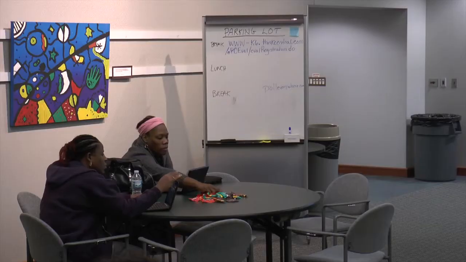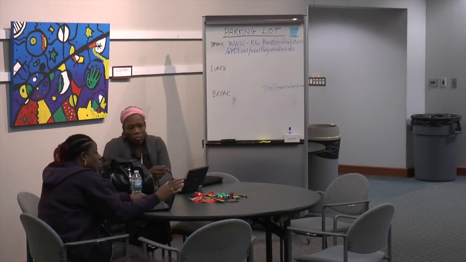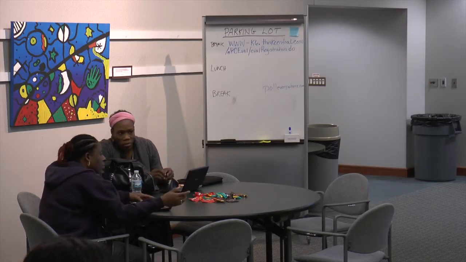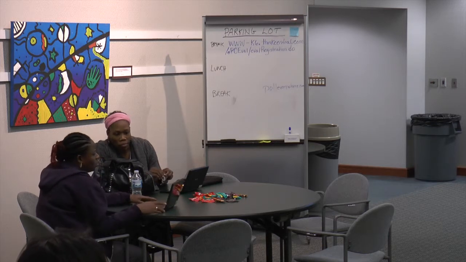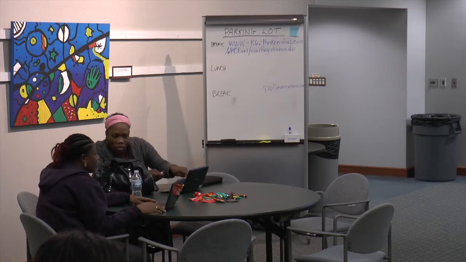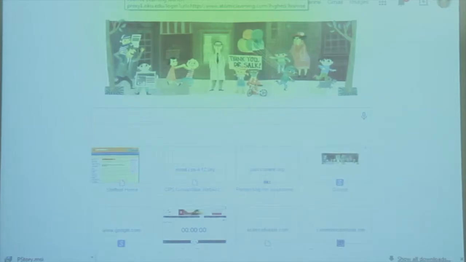Now, a little bit about the Chrome browser. If you notice on mine up on the screen, right under the search bar, or the area where you would type in URLs, you will see I have links to my favorite websites.